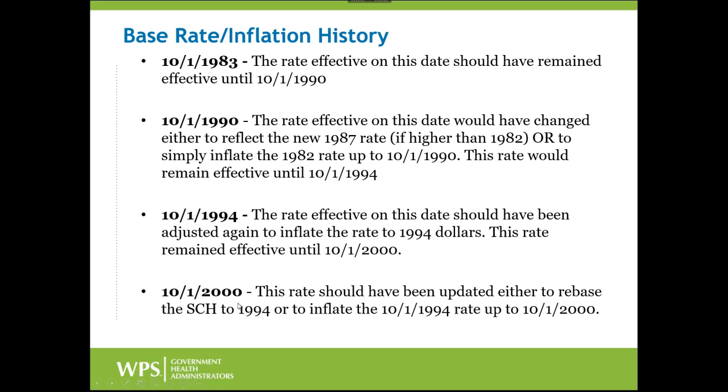Come 10/1/2000, we would have taken either a rebase for the 1996 cost report, or we would be inflating that 10/1/1994 rate up until 10/1/2000 if there was no rebase. So it's either a rebase to 1996 or an inflation to get that rate up to 10/1/2000. One way or the other, the new rate that was entered into the system on that date was based on 10/1/2000 dollars.